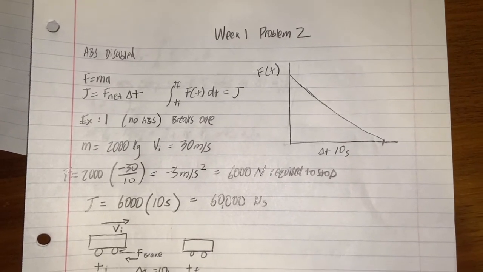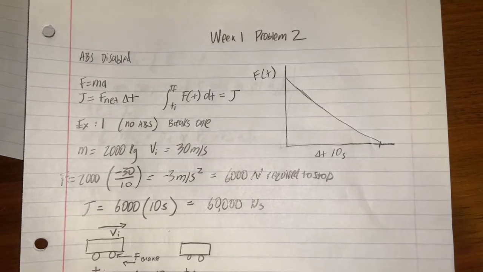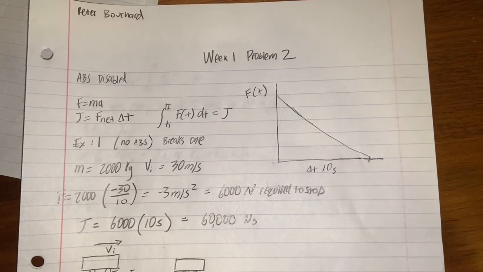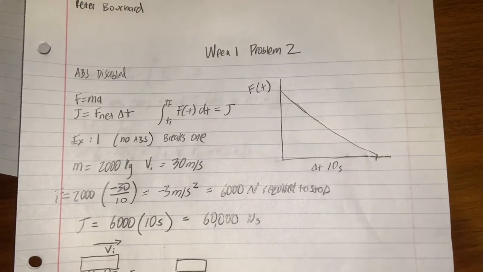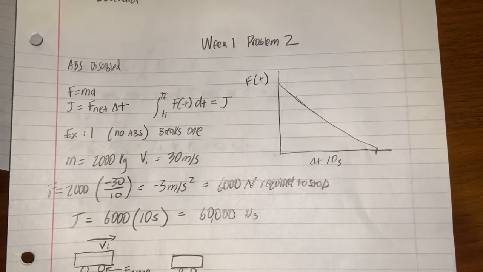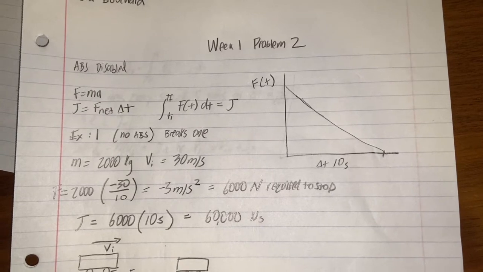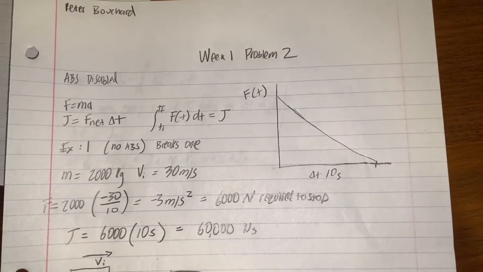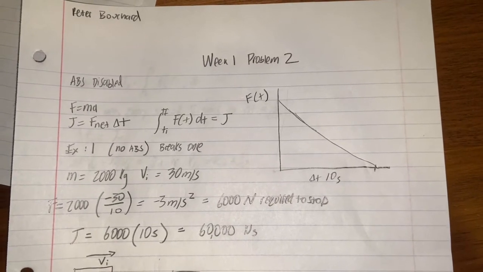So what I ended up doing is, since I know that there was just a constant force being applied from the brake as opposed to a pulsating one in the other example, I calculated the mass, which is 2,000 kilograms of the car, times the acceleration needed to stop it, which would be a deceleration.